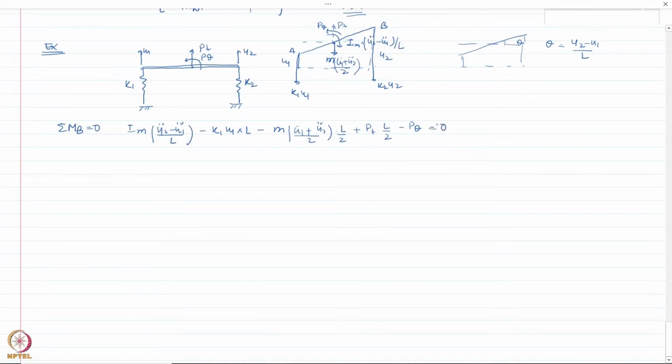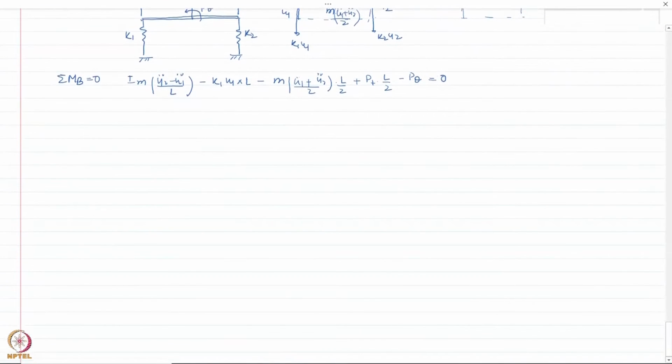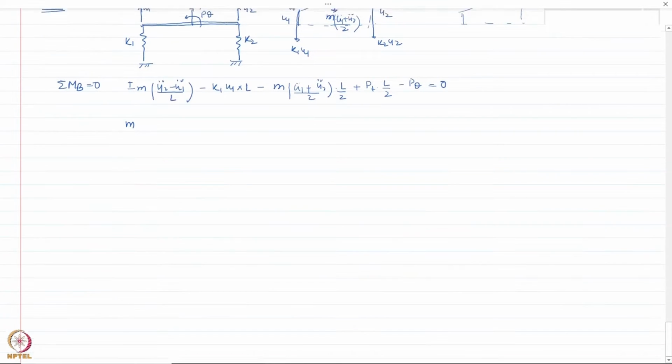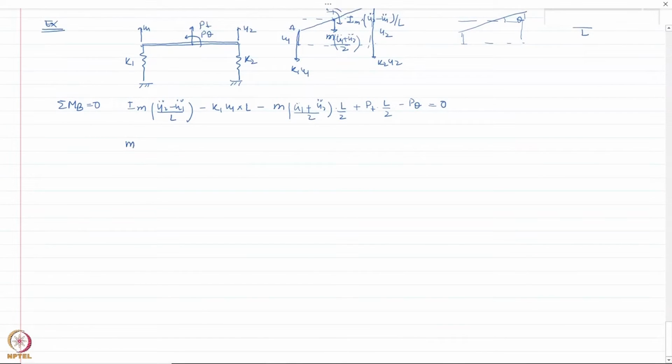Okay, so with that, let me just rearrange the terms here. Remember Im, the moment of inertia of this bar, would be ml square by 12. Now I'm going to substitute that in the equation of motion.